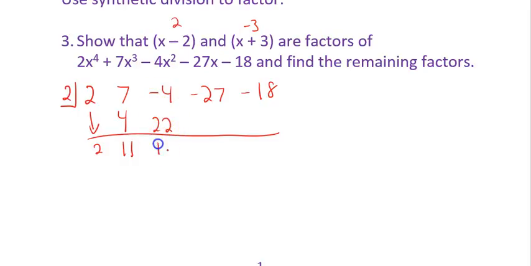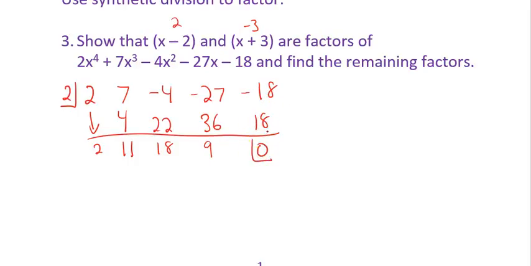Negative 4 and 22 will be 18. 18 times 2 is 36. 36 and negative 27 is 9. 9 and 2 is 18.